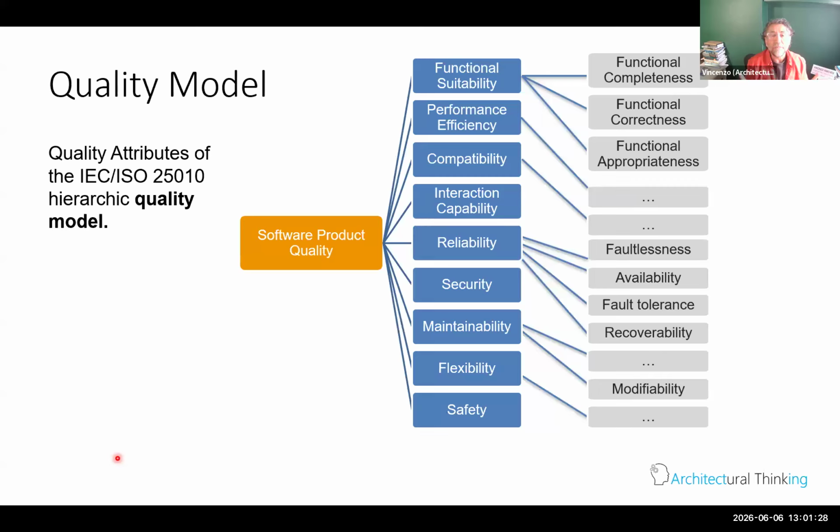It's a great starting point. It's a great checklist for you to say, have I thought about fault tolerance? Is fault tolerance a concern for this system? And if it is, have I thought about it, and does my architecture support it? It's a great checklist, but it's not the complete set.